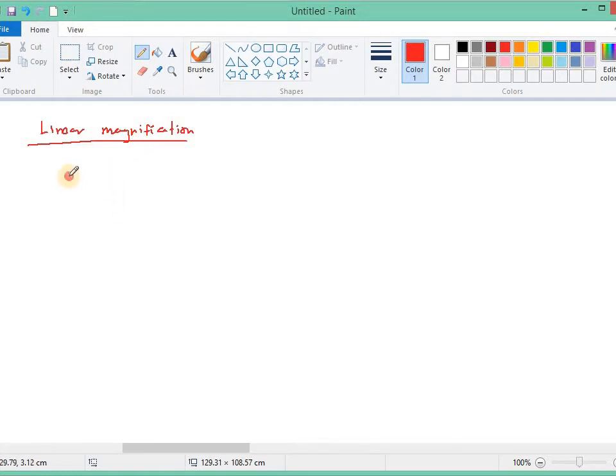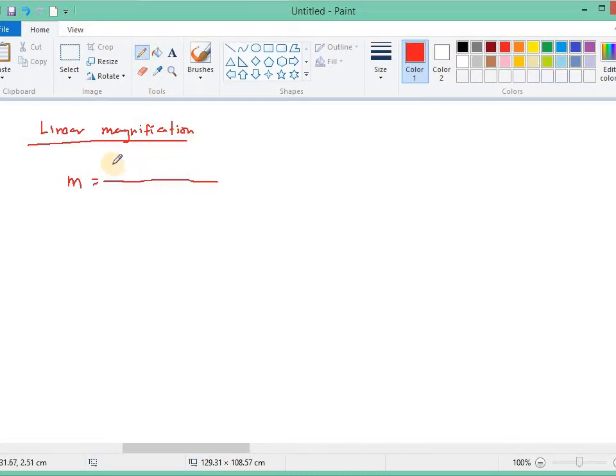So the original at first is we use the height of the image divided by the height of the object. Oh, sorry, I think I used the wrong symbol. Okay, I think I better write the words.